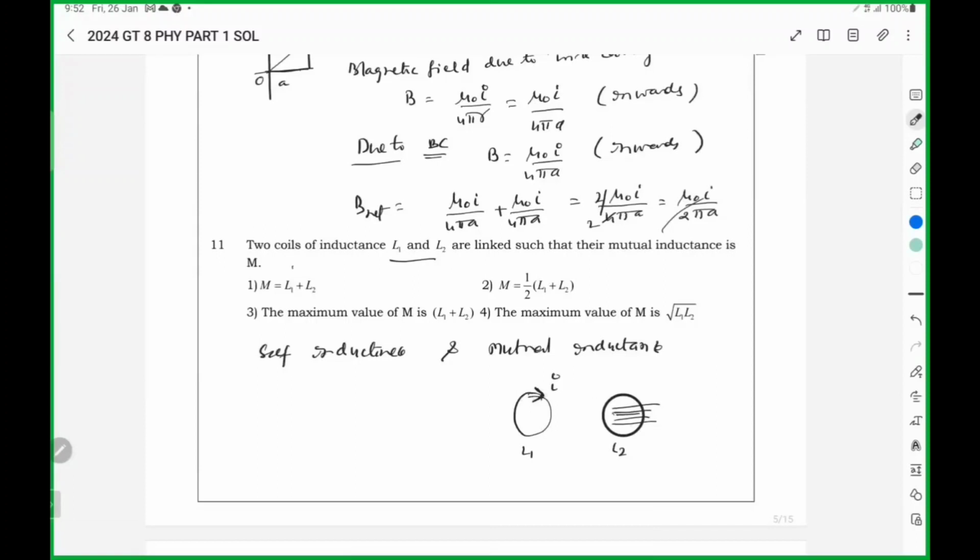If you change the current here, there is a change in magnetic flux. So because of current in one, there will be EMF induced in the second. That EMF induced in the second is minus M di1 by dt. Similarly, when current is flowing in the second coil, because of those magnetic field lines, here EMF E1 is induced, because of the current in the second coil, M di2 by dt.